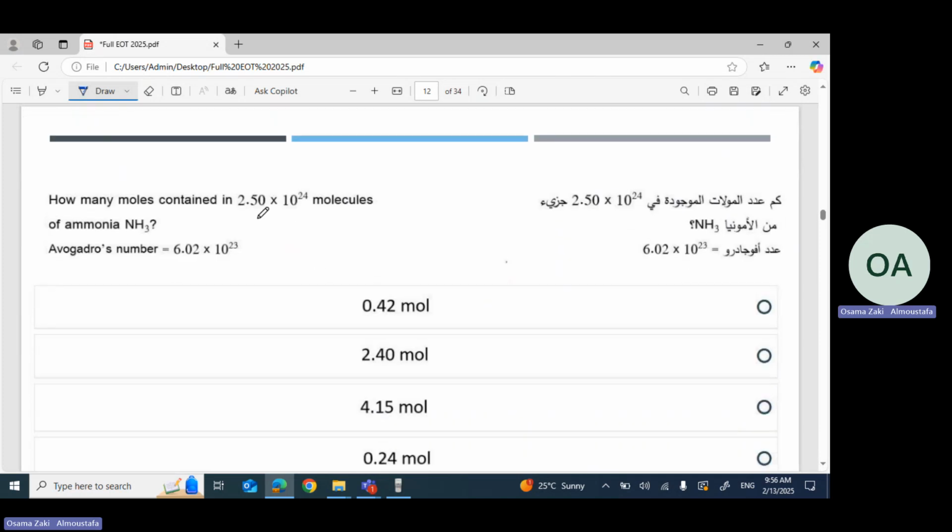The next one, they want us to find what? To find the number of moles. Okay, so we have the number of molecules, which are particles. So to convert from particles to moles, we multiply by what? We multiply by 1 mole over the Avogadro number. This is the Avogadro number. Okay, so let's check.